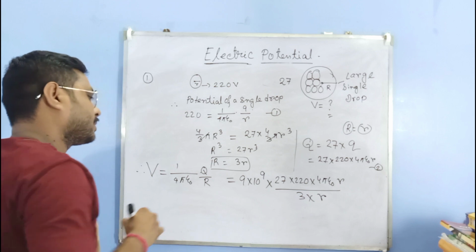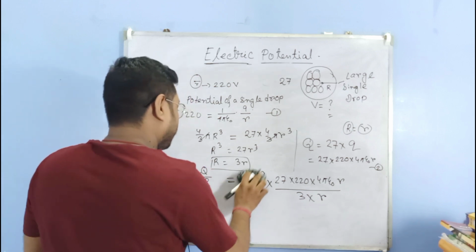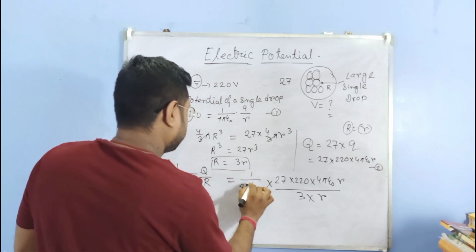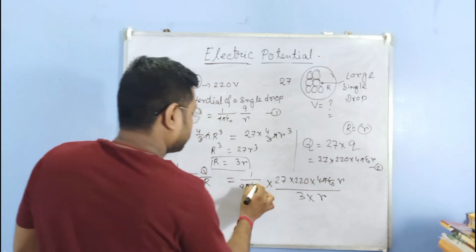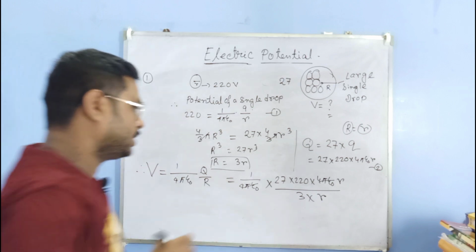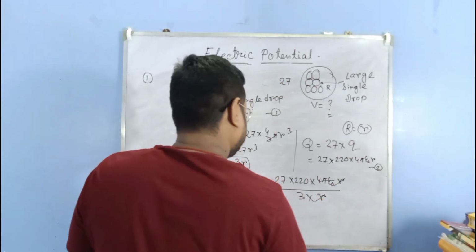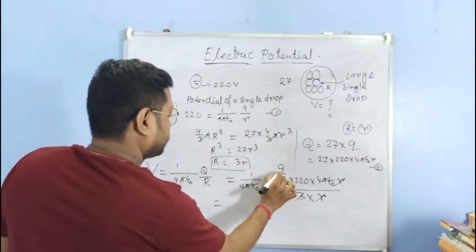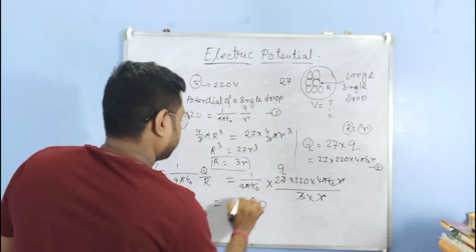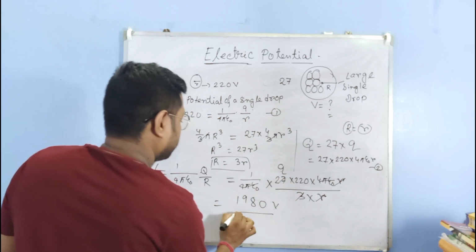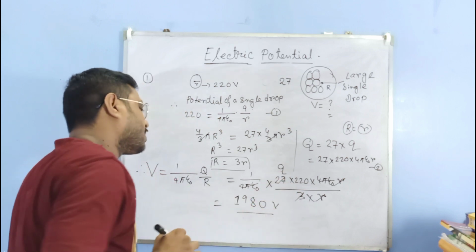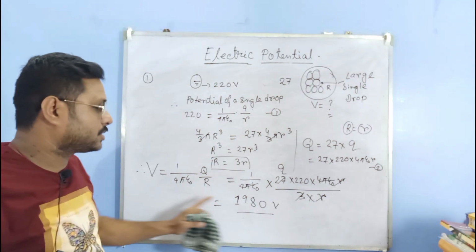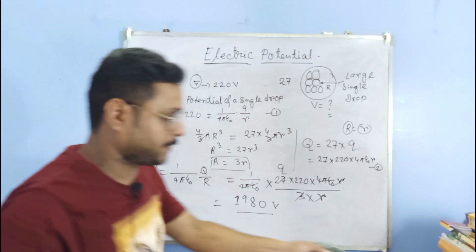This 4 pi epsilon naught and this 4 pi epsilon naught cancel out, and this r will also cancel out. So 9 multiplied by 220 gives 1980. So the potential of the large drop is 1980 volt.